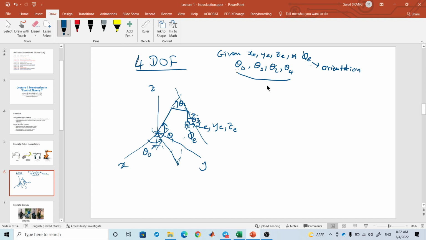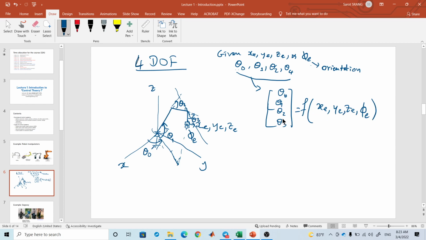Which means you will finally have your end effector at the position you want. See, you got the concept. So these 4 angles are a function of XE, YE, ZE and phi E.